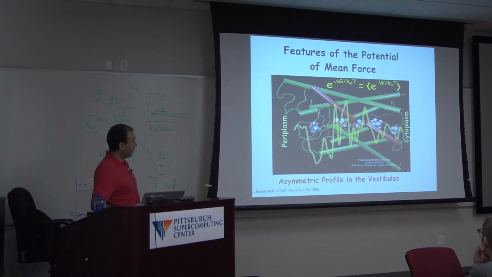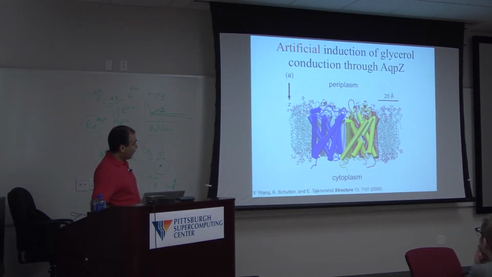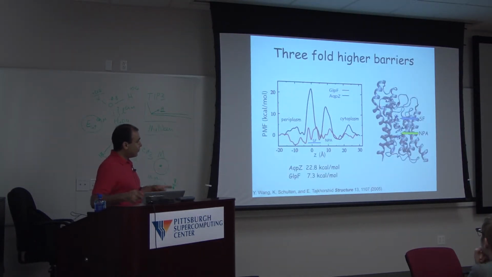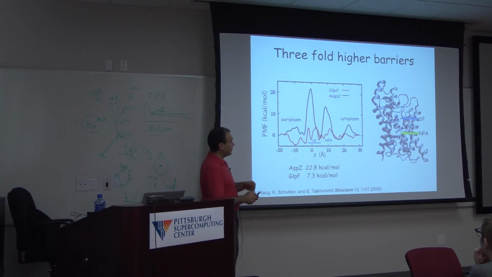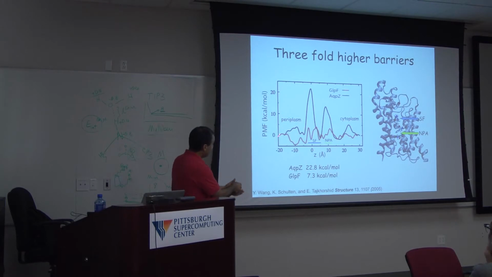simulations to equilibrium properties. So now we are going to repeat this for the protein that doesn't conduct glycerol. The red curve is what I just showed you for the glycerol channel, with a barrier of a few kilocalories per mole. If you repeat the same simulation for the non-conducting channel, then you get huge barriers, 20, 30 kilocalories per mole here, another 15 kilocalories per mole here.